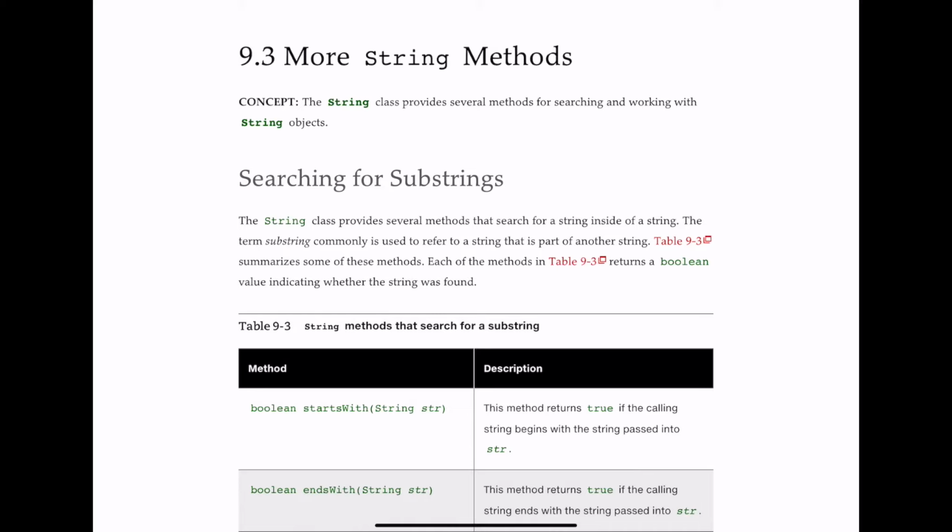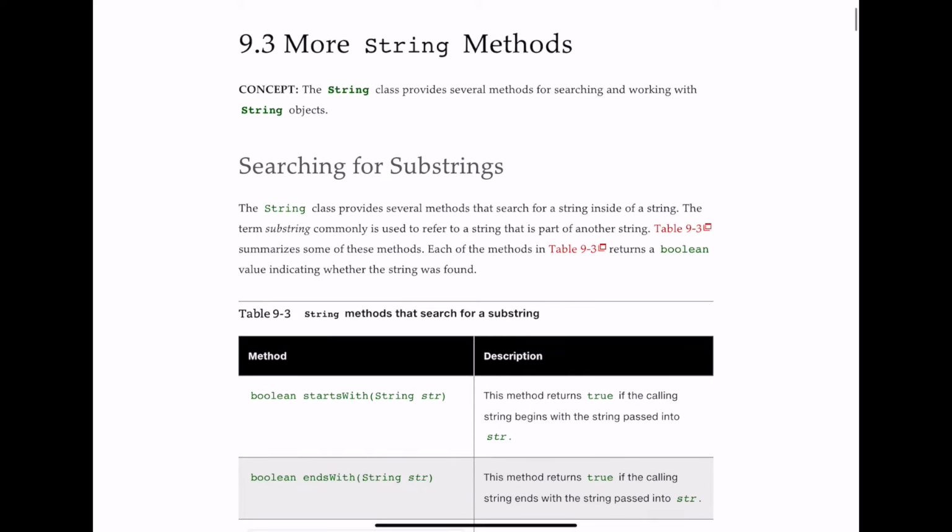These are string methods that are part of the wrapper class for the string object, and these methods are ones that you are probably going to find will have value to you, not just here for class, but when you are working with data coming in from a user again or from a file.